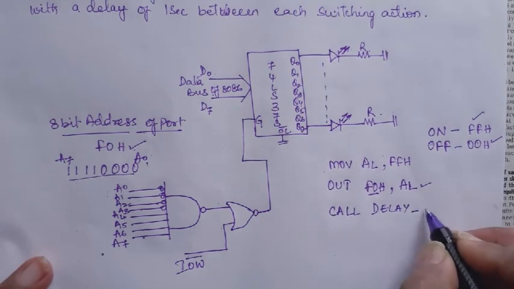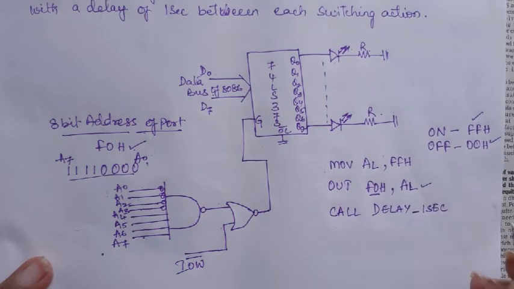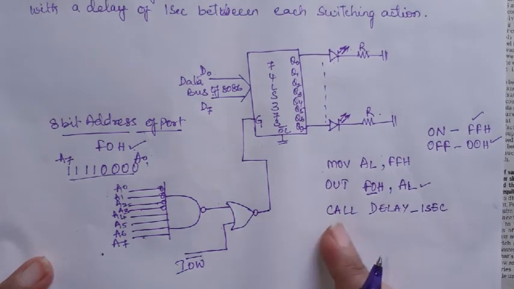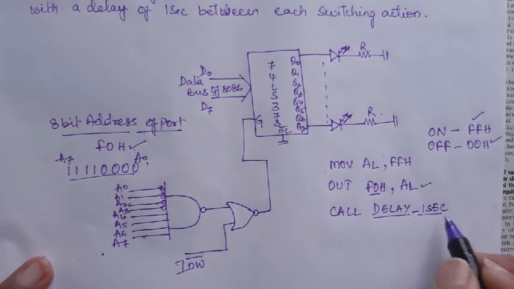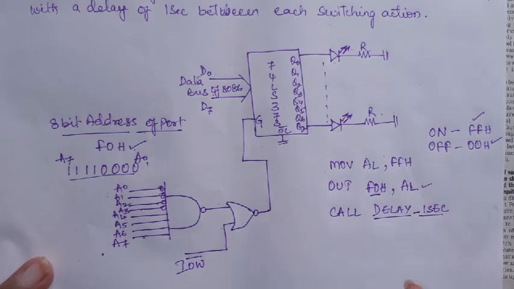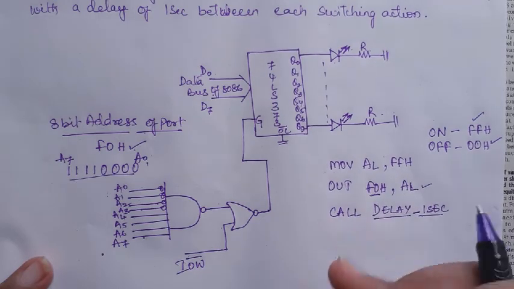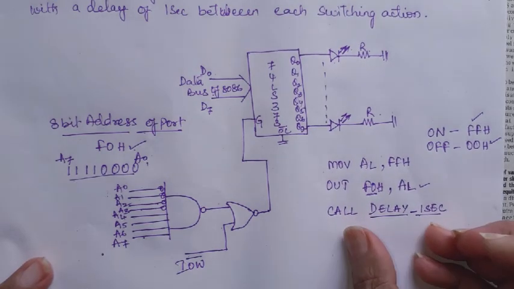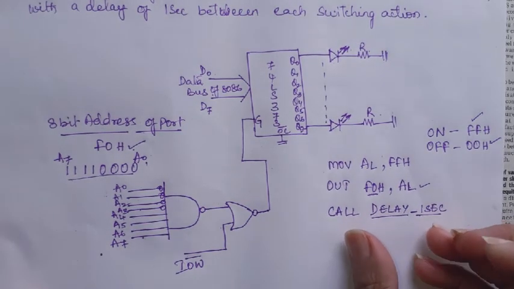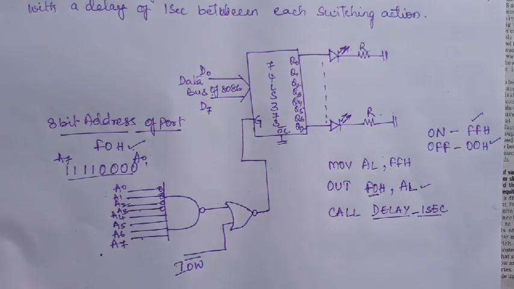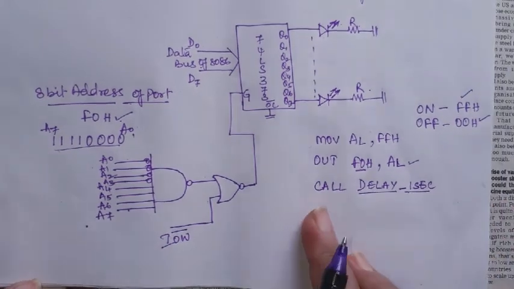This is a procedure which must be there. In this program you must write the delay program for 1 second as a procedure, as a subprogram, and you should call that program. I am not showing the program for the delay here. I have already discussed the delay program, how to write a software delay. You can go and watch that video to know how to write this delay program.